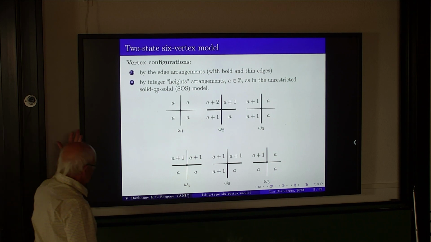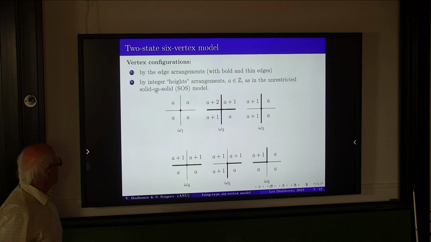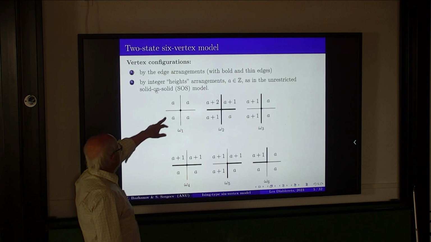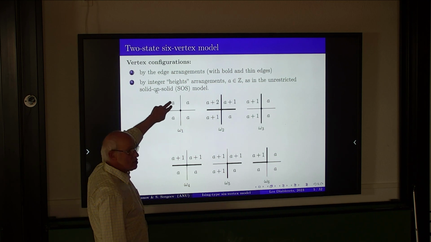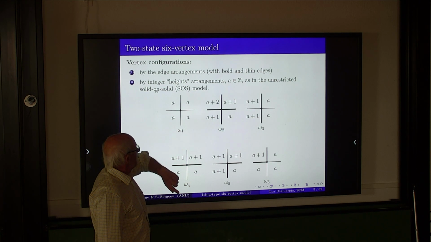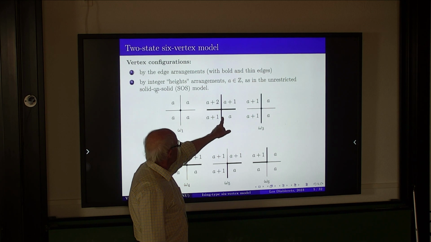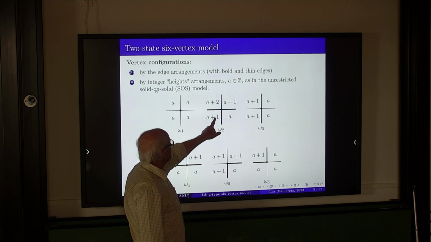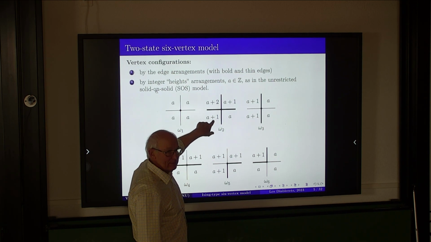So the spin 0, spin 1. Or the second is the so-called solid-on-solid model, where you assign an integer variable to the face here, and if the edge is bold, and you move from right to left, the height of the solid-on-solid model increases.